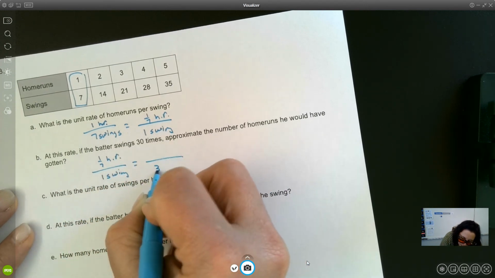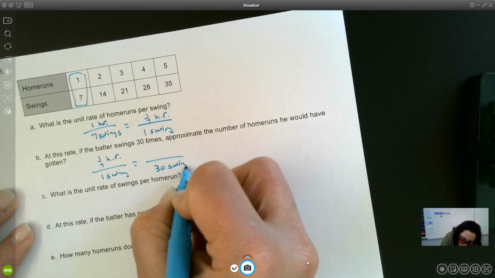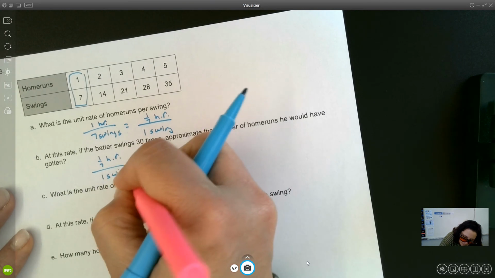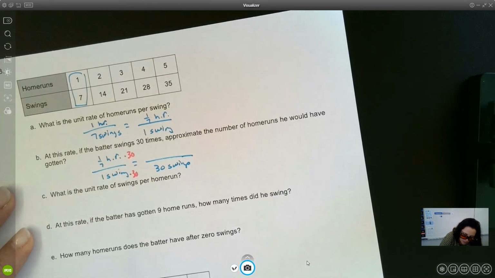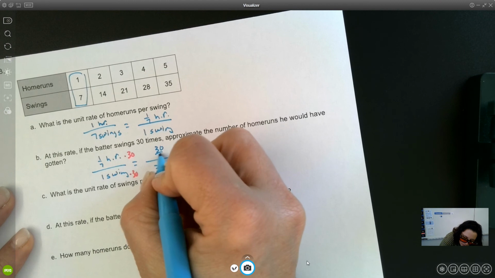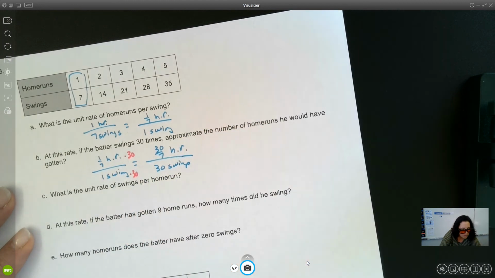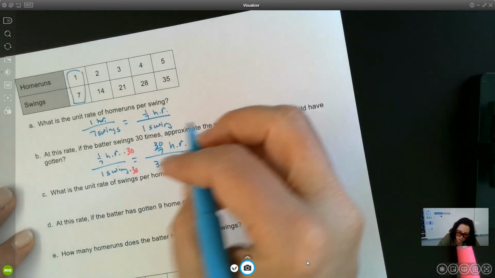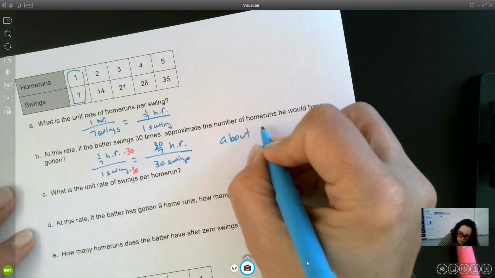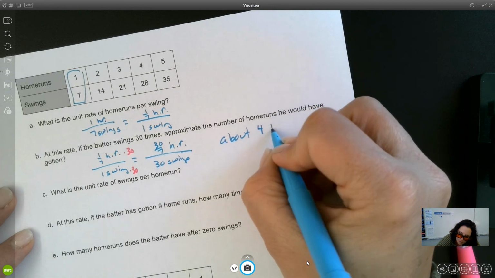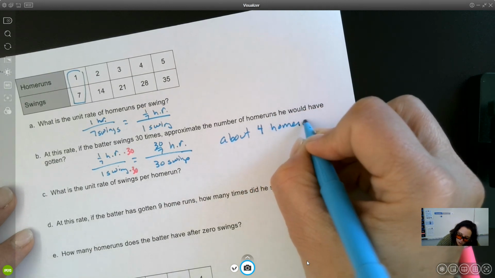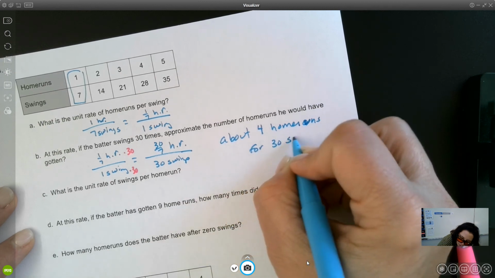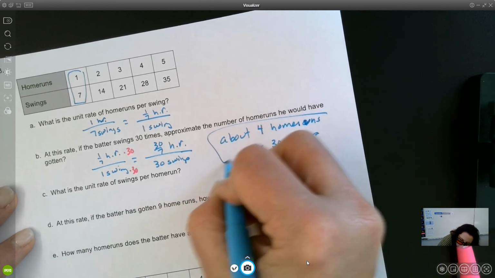And if I swing 30 swings, I'm going to multiply this by 30. That would be 30/7ths home runs. Okay, well, 30/7ths home runs, that's about 4 home runs for 30 swings. Okay, this is your answer.